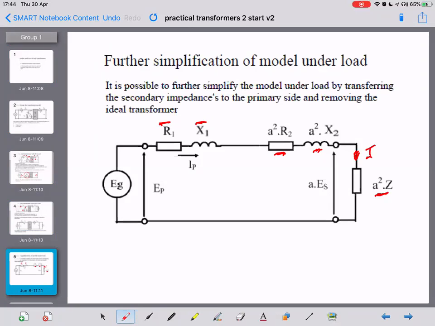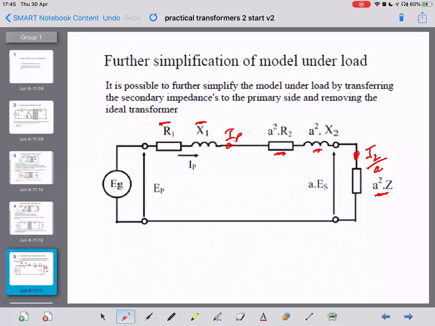And if we put the current in there, that would be I2 over A. Okay. So I2 over A is equal to IP, the primary current here. They are the same in this particular instance.